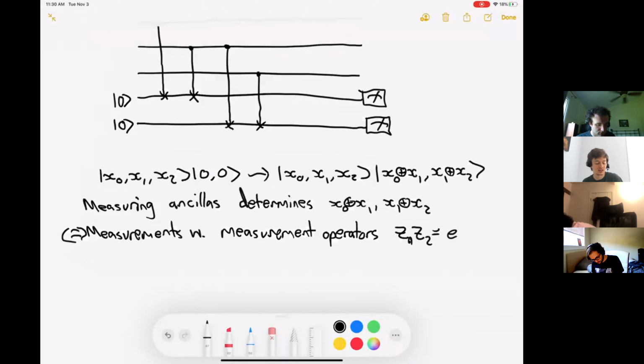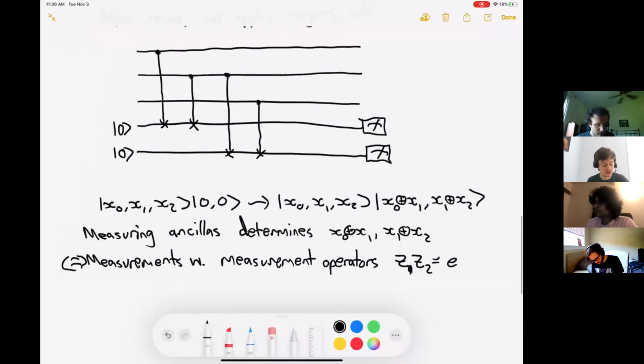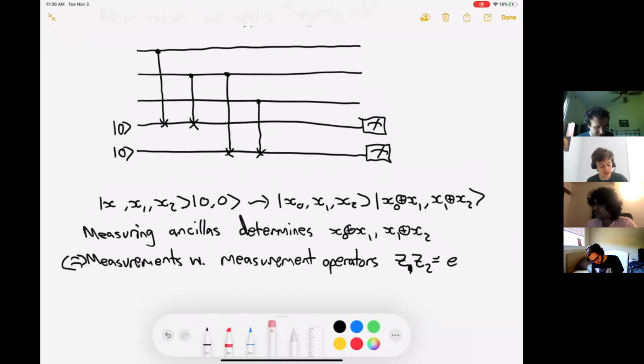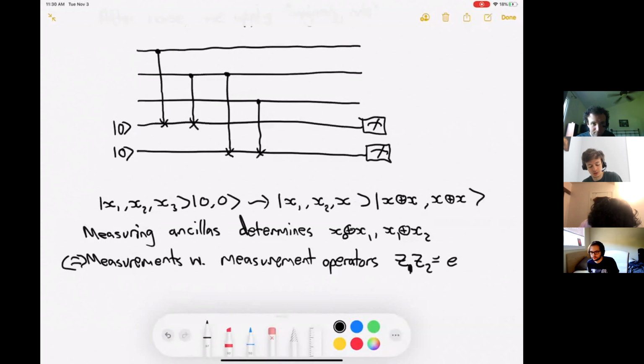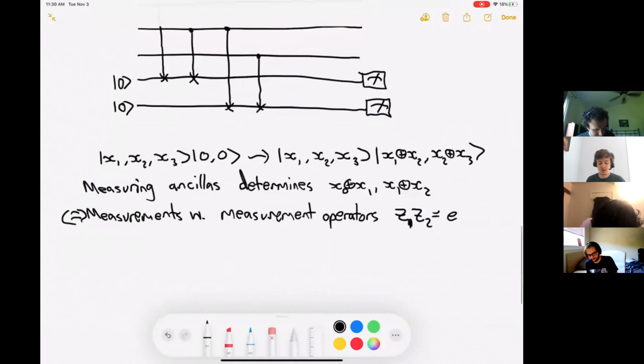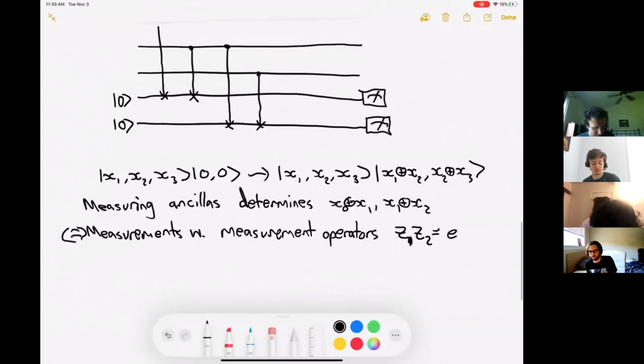Let me change from x0, x1, x2 to x1, x2, x3, because my notes have managed to switch over between the two later on. So one, two, three. This is the sum of x1 and x2. This is the sum of x2 and x3. So this is equivalent to doing a measurement where the measurement operators are Z1 times Z2.